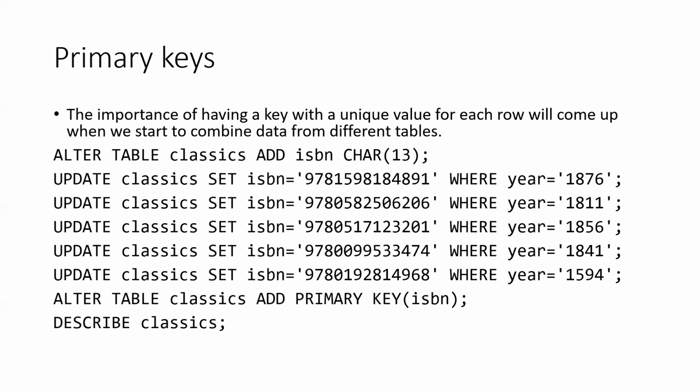What you see here is, first of all, you have to add data for all the rows, because a primary key should not be null. So because of that reason, we are adding ISBN for all the rows in the table classics, right? And then we will put the primary key, right? Finally, we will describe the classics.